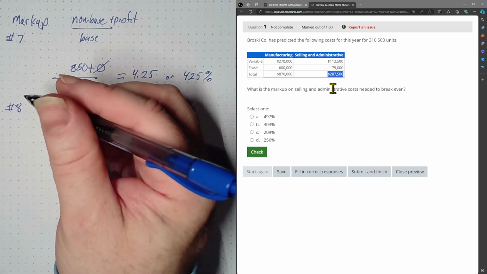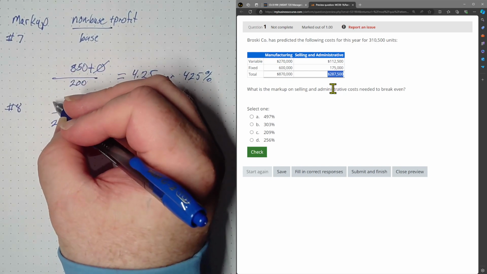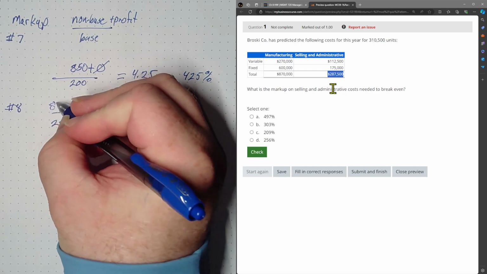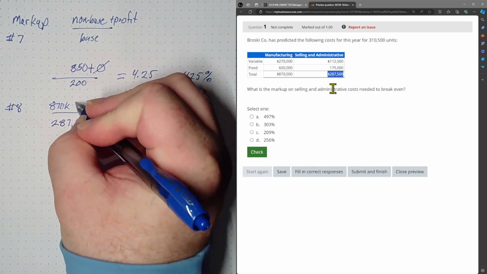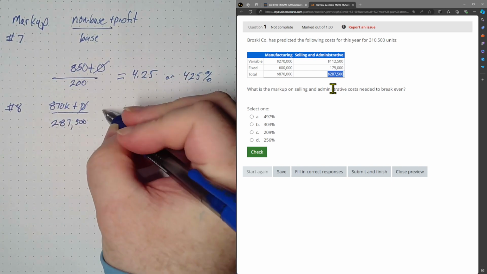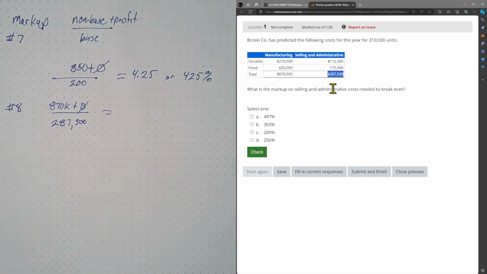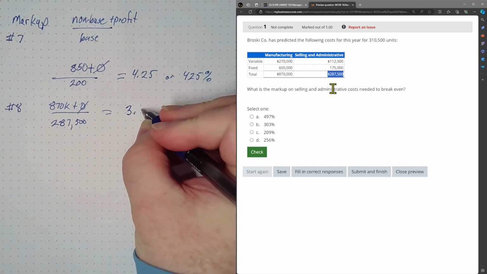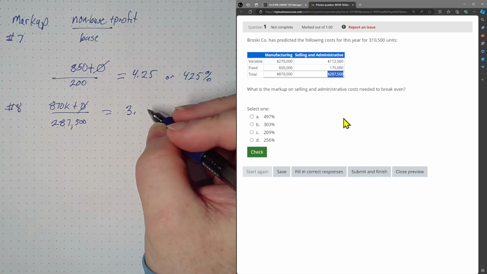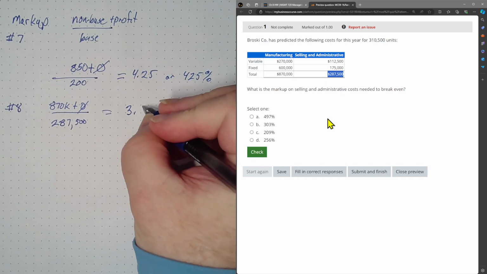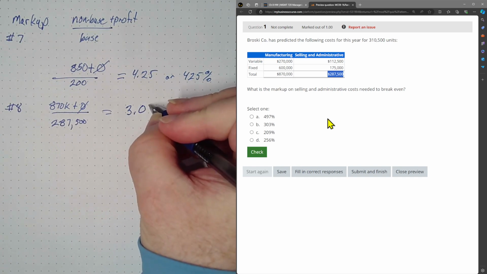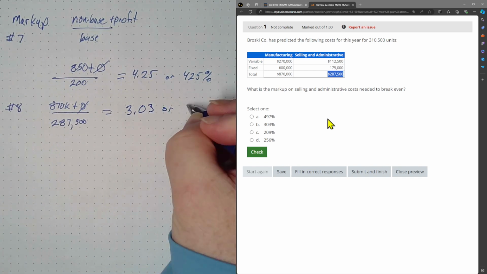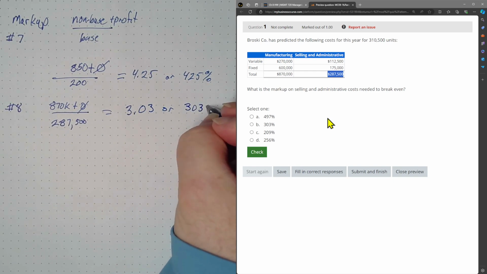And we're talking about the non-base being 870,000. And there is no profit because it is break even. So 870 divided by 287,500 is going to be 3, rounded to two decimal places, 3.03 or 303%.